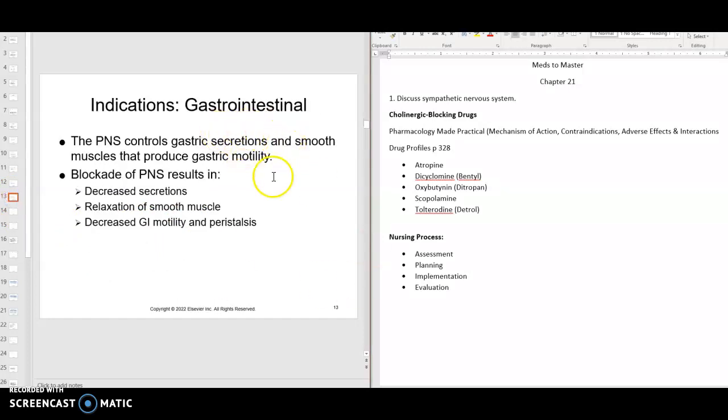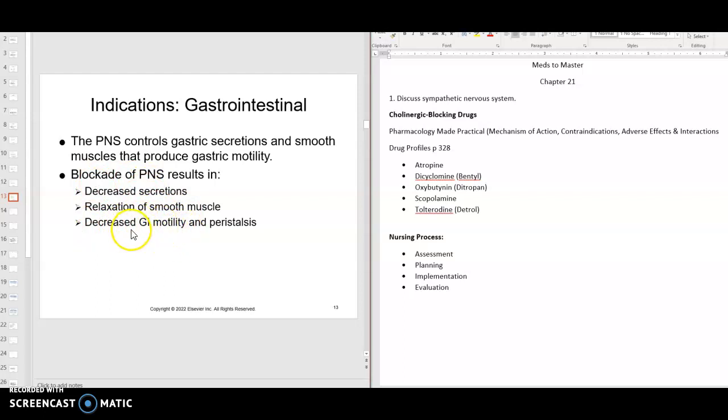For indications in the GI tract, it's going to help with gastric motility. So it's going to decrease those secretions, decrease GI motility and peristalsis when I block that PNS. So blocking that PNS will cause that decreased GI motility. I think about diarrhea with this one.